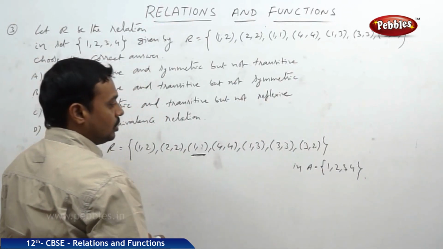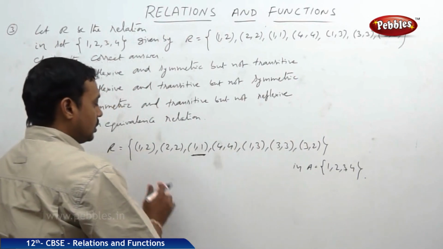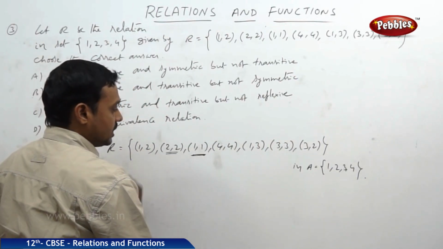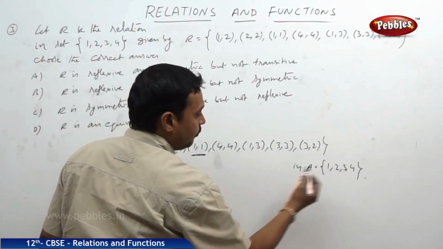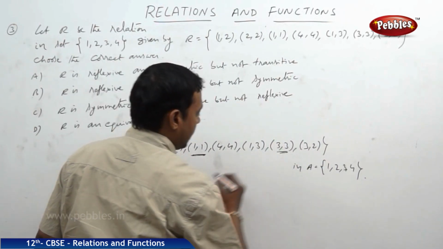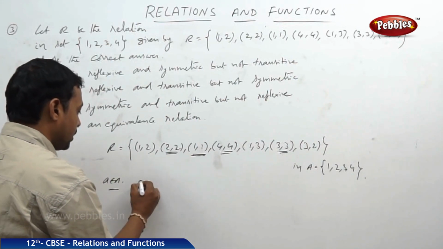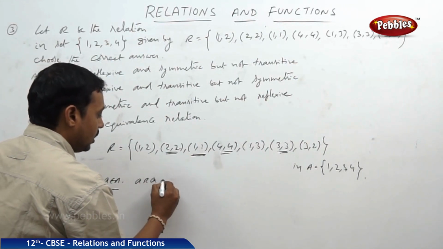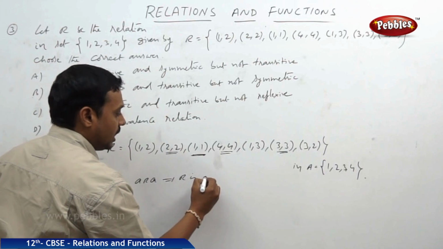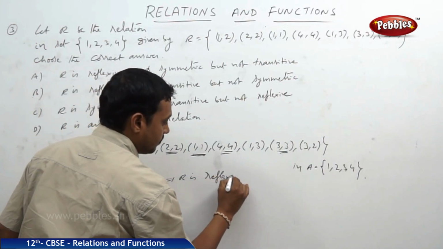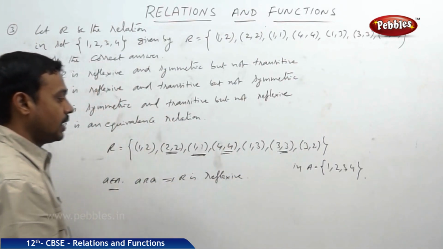If we select 2, then the relation must contain (2,2). Yes, here it is. And if we select 3, (3,3) is there, and (4,4) is there. Therefore, clearly, for every a belonging to A, a is related to a. This implies R is a reflexive relation. Okay.